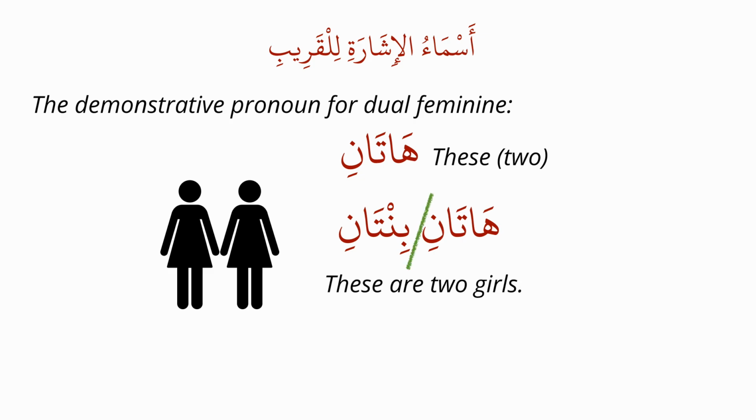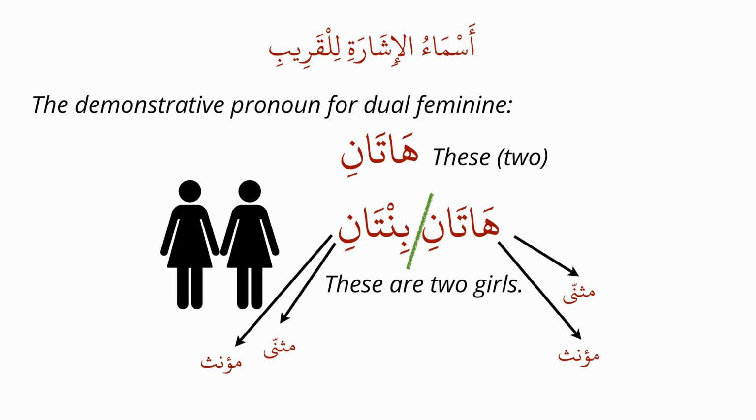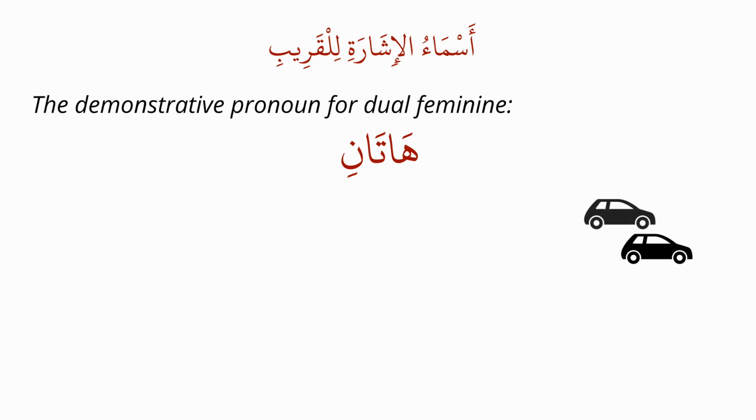Here the subject, which is هاتان, is muthanna, meaning dual, and muannath, meaning feminine. So should be its predicate bintan, and it is coordinating with its subject. This too is muthanna, dual, and muannath, feminine. Okay? Now let's take a couple of more examples.